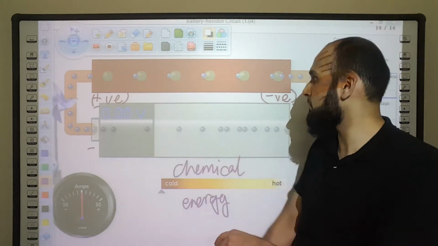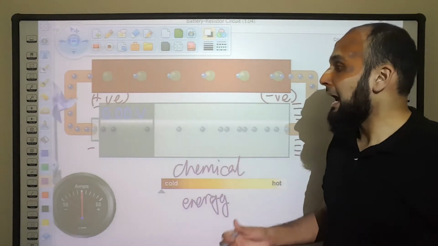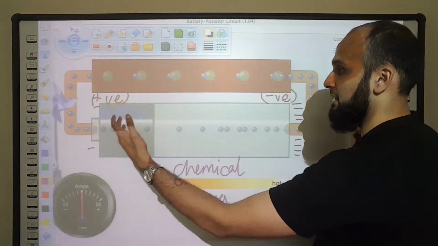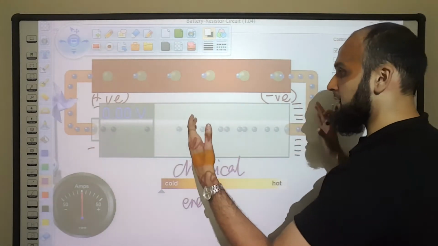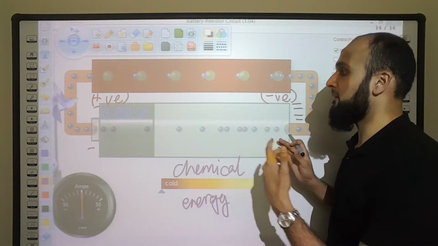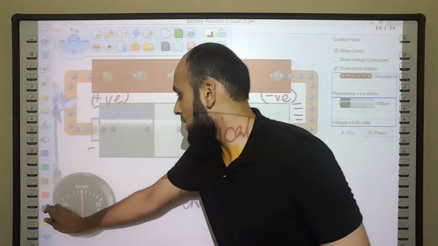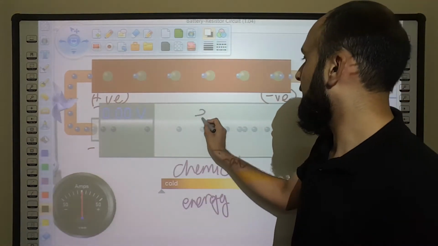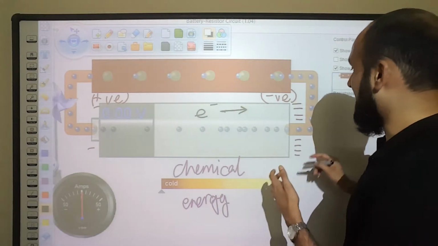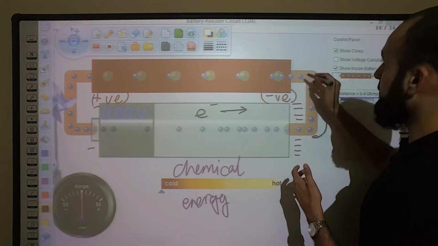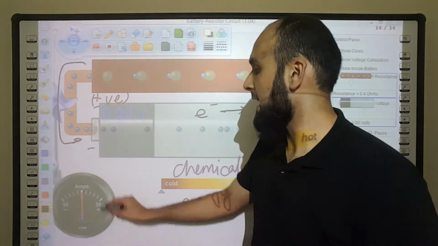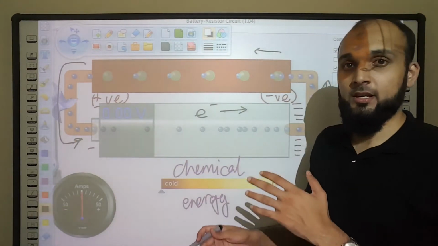So that's the positive terminal, this is the negative terminal, and with that difference in potential energy, you can see that difference in the number of electrons, right? That difference in the number of electrons is basically the source of the electron flow. So electrons are made to flow, coming out from where there's an excess of electrons, moving around the circuit and coming back to where there is a deficiency of electrons, right?